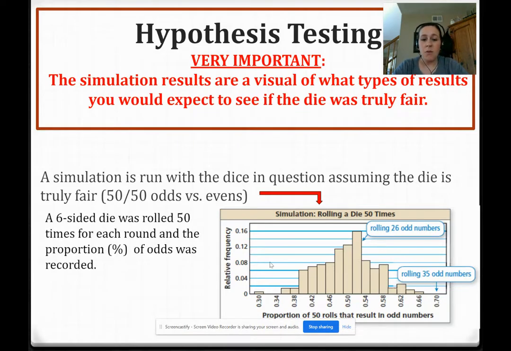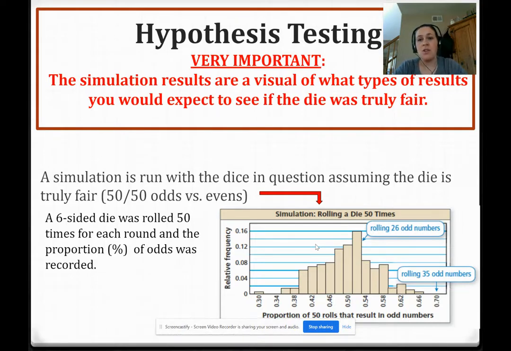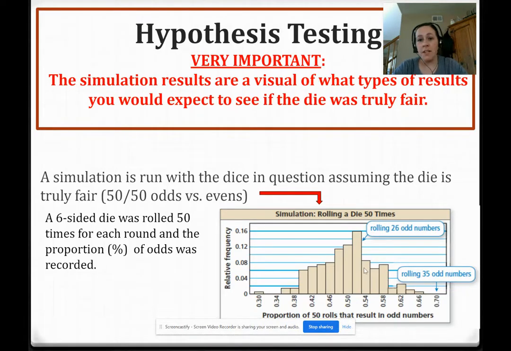Basically, this histogram shows the types of results that we should expect to see if we really do have a legit 50-50 die, meaning 50% odds, 50% evens. What this shows you is that you will see some variability. Not every time I roll a fair die am I going to get exactly 25 evens and 25 odds.